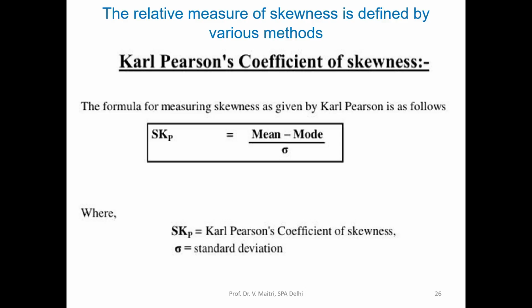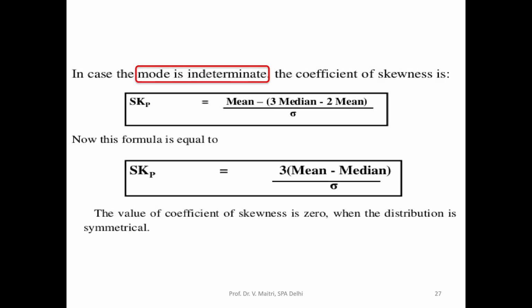The first one is the Karl Pearson coefficient of skewness. Karl Pearson has given the formula mean minus mode divided by sigma, that is standard deviation. SKP denotes the Karl Pearson coefficient of skewness. Now if the mode is not determinable, then the Karl Pearson coefficient of skewness is given by mean minus mode, where mode is 3 times median minus 2 times mean, divided by sigma.